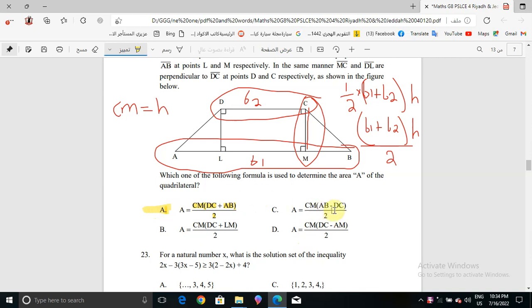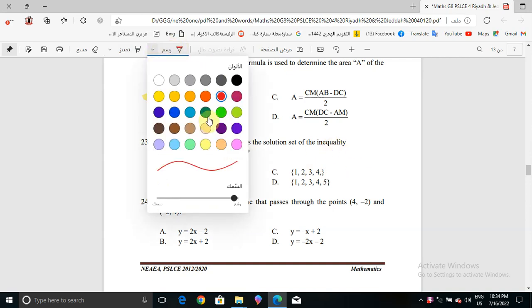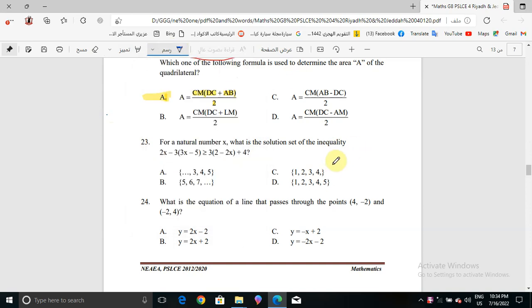Okay, now in question number 23, for a natural number x, what is the solution set of the inequality 2x minus 3 times 3x minus 5 is greater than or equal to 3 times 2 minus 2x plus 4? Here, first of all, we will remove the brackets.